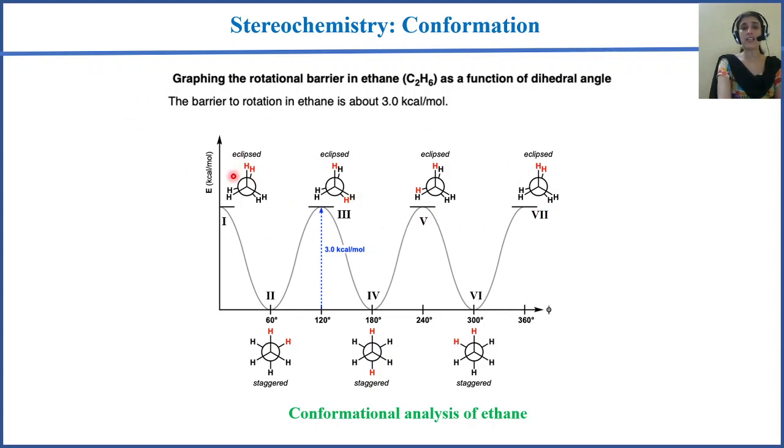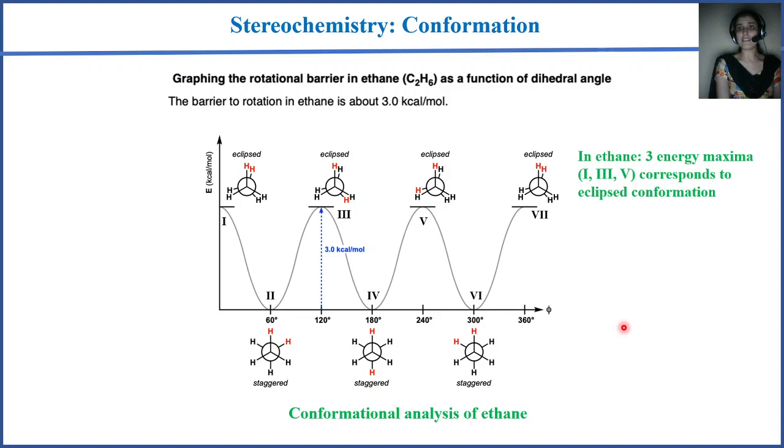Now, since all the 1, 3, 5, 7 are the same in energy, in the potential energy curve they are like this. And since the staggered conformations contain similar energy at the minimum, they are like this. Now the difference of energy between the eclipsed conformation and the staggered conformation is 3 kilocalorie per mole in ethane.